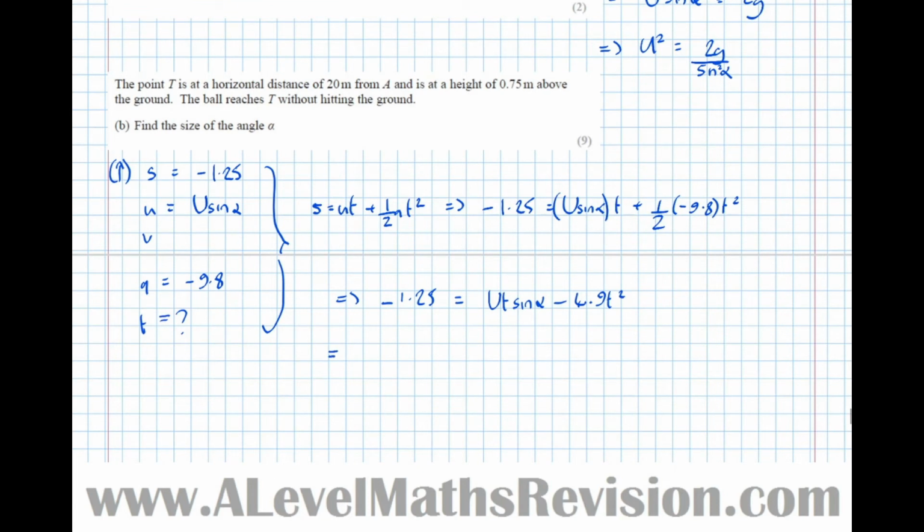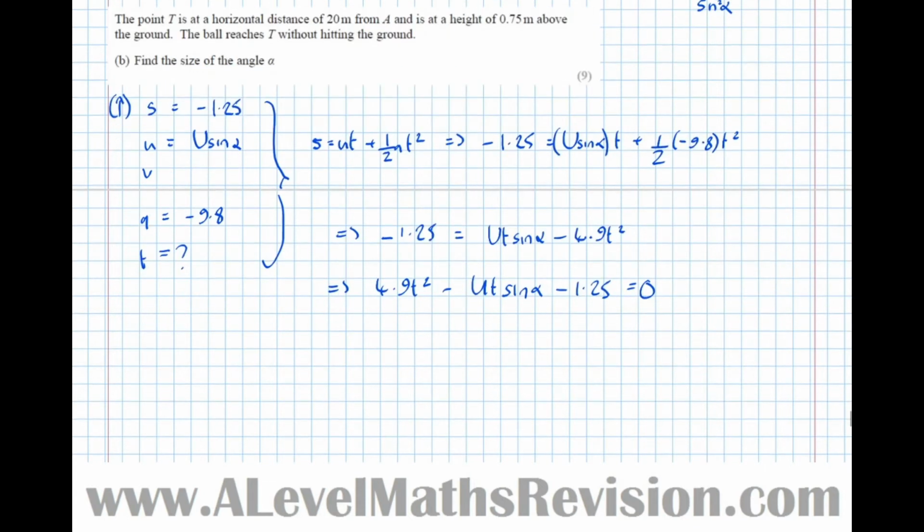Then turning that into a quadratic, taking everything over the left hand side, we get 4.9 t squared minus ut sine alpha minus 1.25 equals 0.